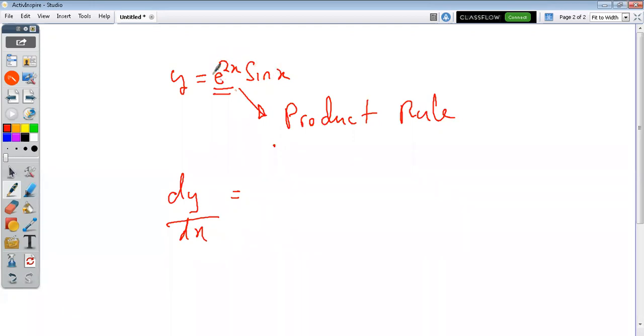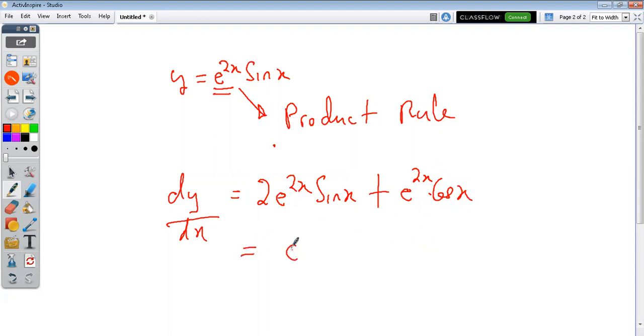So if we start differentiating this one here, we get 2e to the power of 2x, multiplied by sine x, we don't differentiate the sine x, plus, now this time we have to differentiate sine x. Differential of sine x is what? It's there in your booklet. So this one we're not differentiating. What's the differential of sine x? Isn't that cos x? It's there in your booklet. Cos x like this. Then we are done.